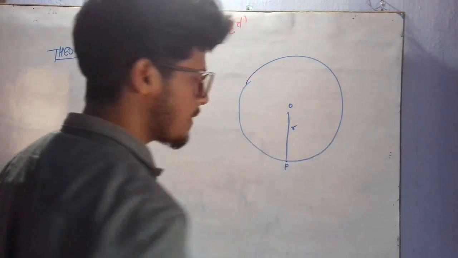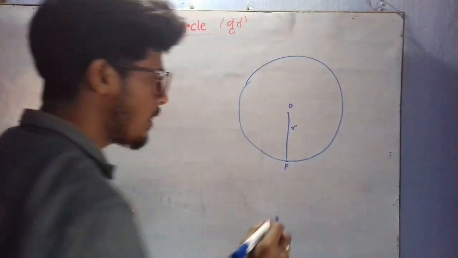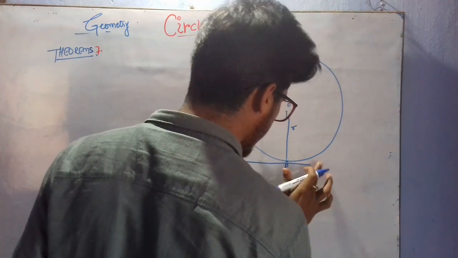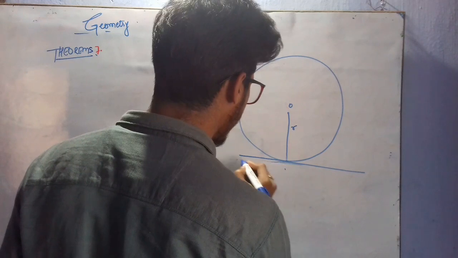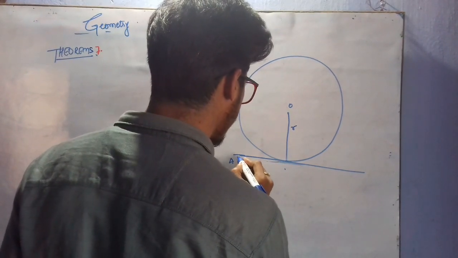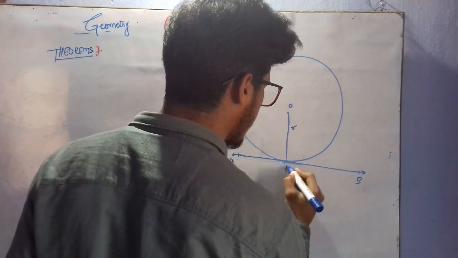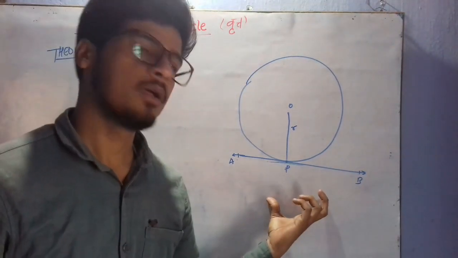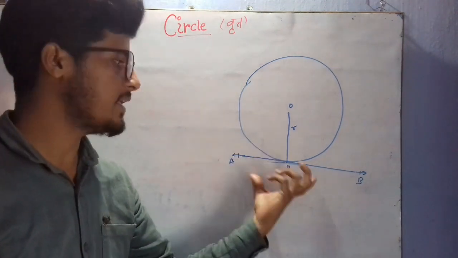From this point, if we draw a line in such a way, let's say the line is AB, then the line AB will be called the tangent of a circle.